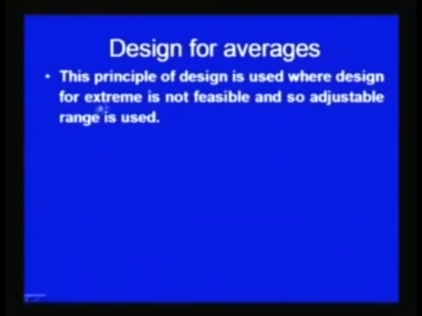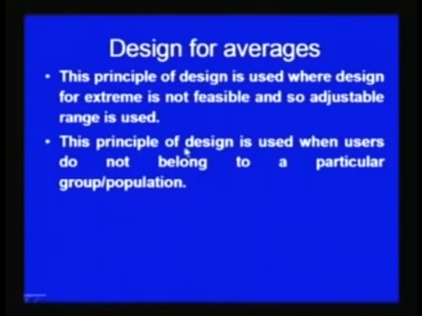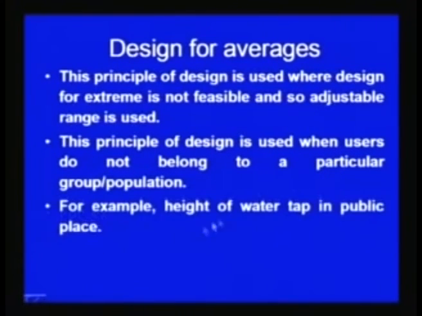Design for the averages: this principle is used where design for extremes is not feasible, and in conditions where the engineering systems can be used by any kind of people, or there is no fixed targeted population who can use the given engineering system. This principle of design is used when users do not belong to a particular group or population, like the height of a water tap in a public place.